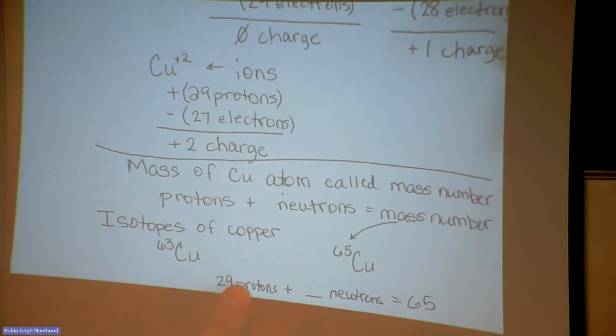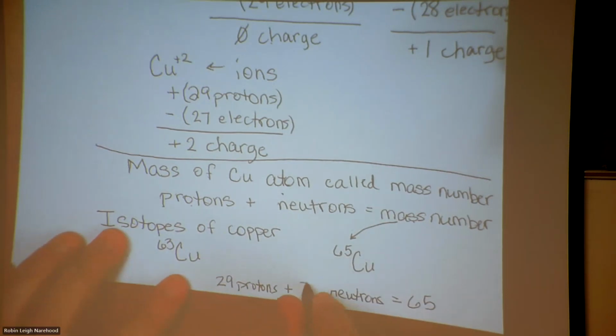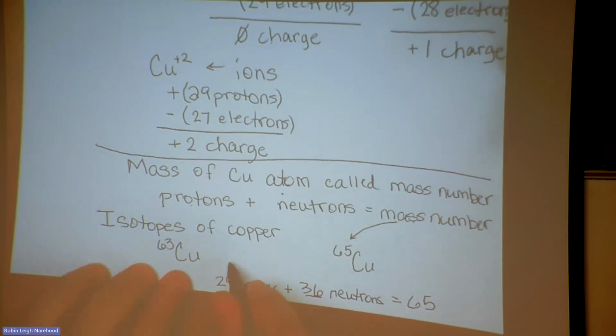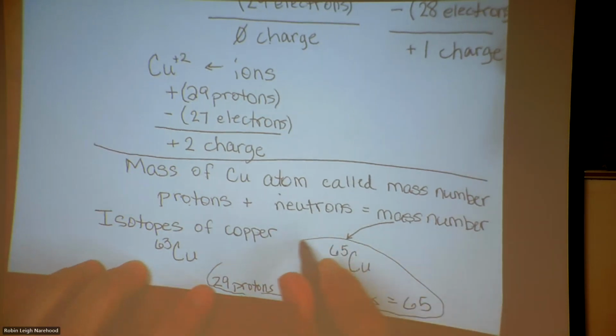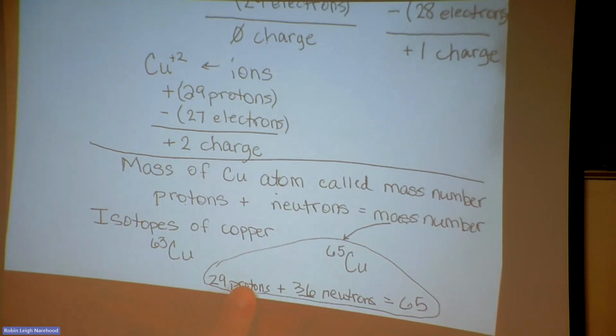So 29 protons plus some number of neutrons should give us a mass of 65. So how many neutrons would be in the atoms that have a mass number of 65? How many? 36. So these atoms right here have 29 protons and 36 neutrons.